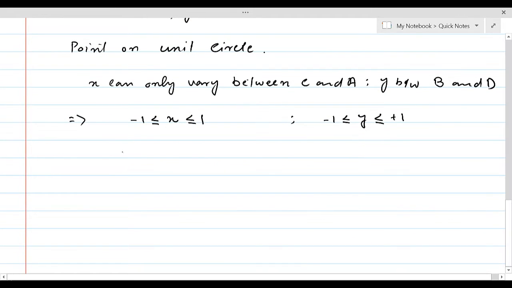This means x is in fact cos theta, so minus 1 is less or equal to cos theta, and cos theta is less or equal to plus 1. And similarly, minus 1 is less or equal to sine theta, and this is less or equal to plus 1.